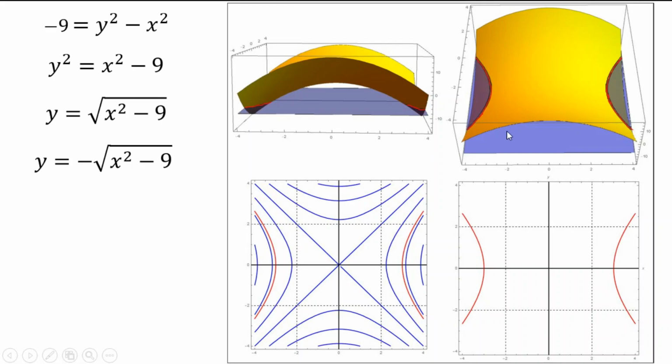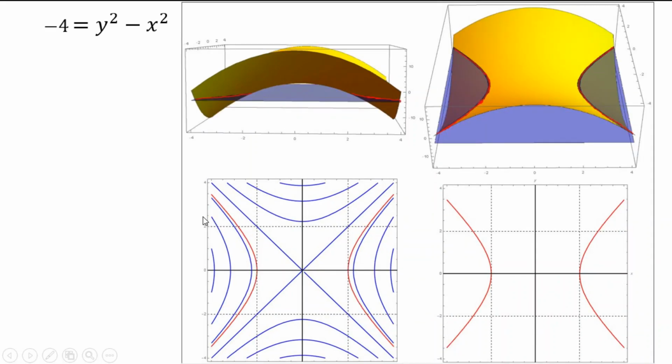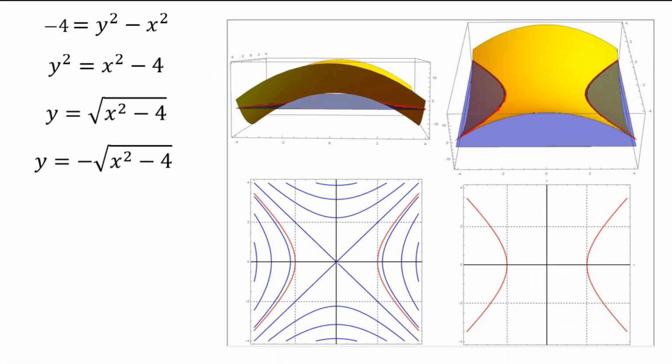Now looking at the surface, as my c value increases, my contours should get closer together. So let's look at c equals -4. Here I get y equals square root of x squared minus 4, and y equals negative square root of x squared minus 4, and sure enough, my curves start to move closer together.